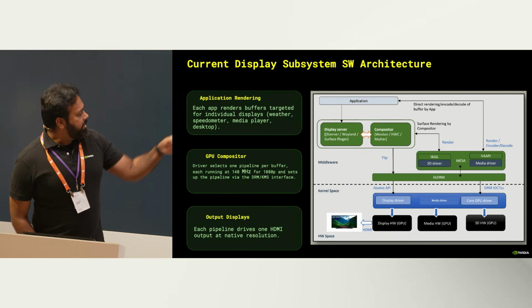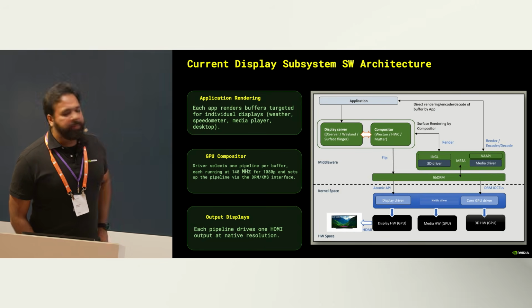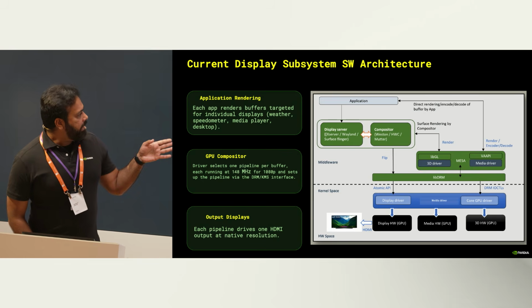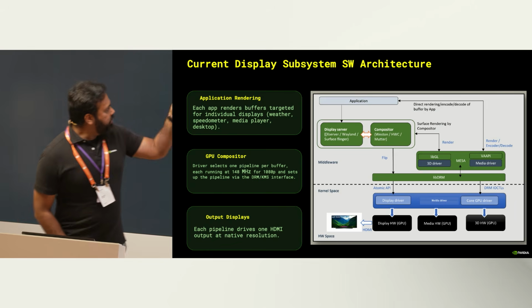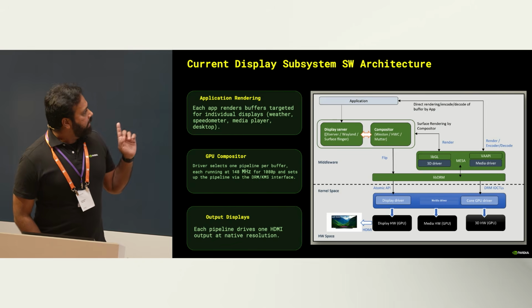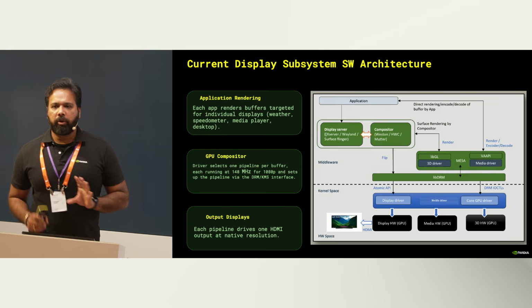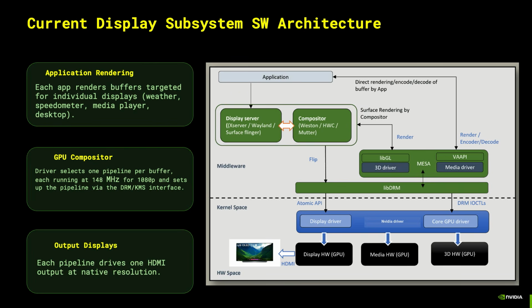It goes via the 3D driver, media driver, fills its pixels using the GPU driver, and once the frame buffer is done, it takes the left route and sends the filled pixel frame buffer to software called the Compositor. Compositor is the brain of the whole graphics ecosystem.